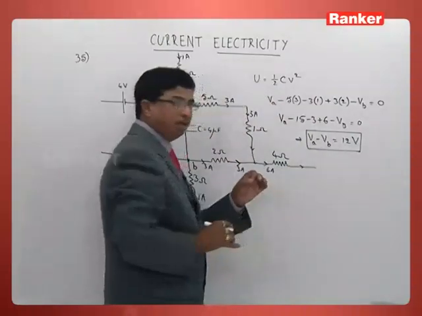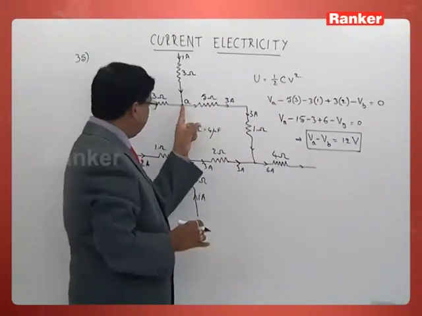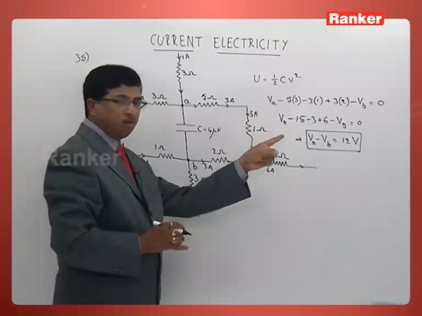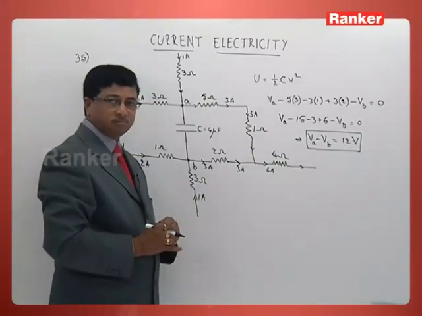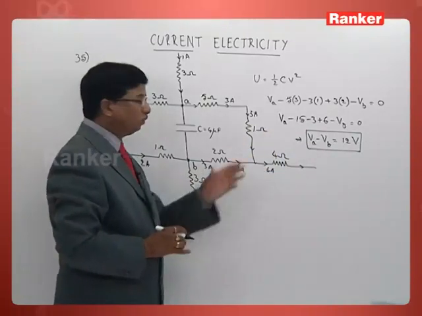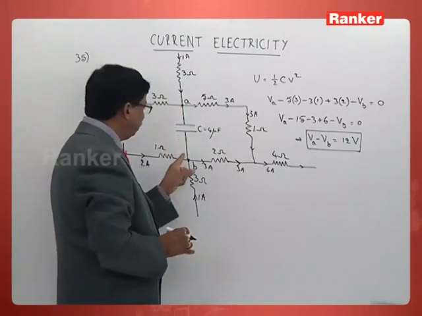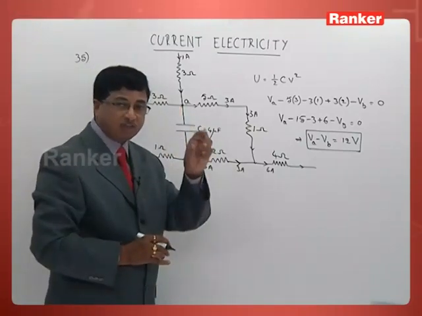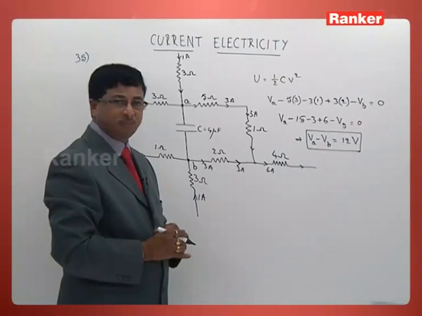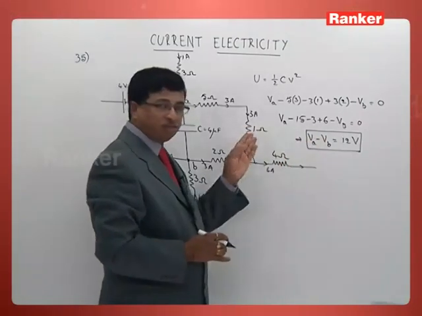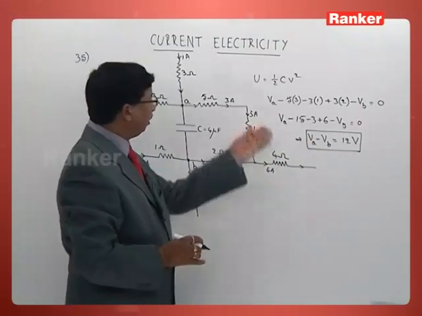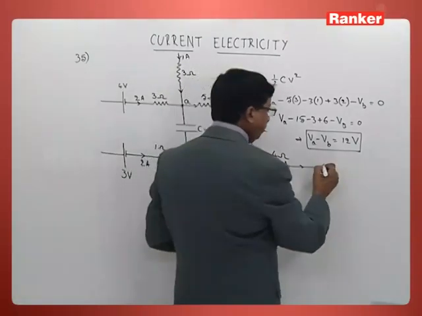Observe this wording carefully. VA minus VB is 12 volt, I said. That means you can understand that is the potential difference across the plates of the capacitor. This itself is the PD across the capacitor plates. So what will now be the energy part of it?